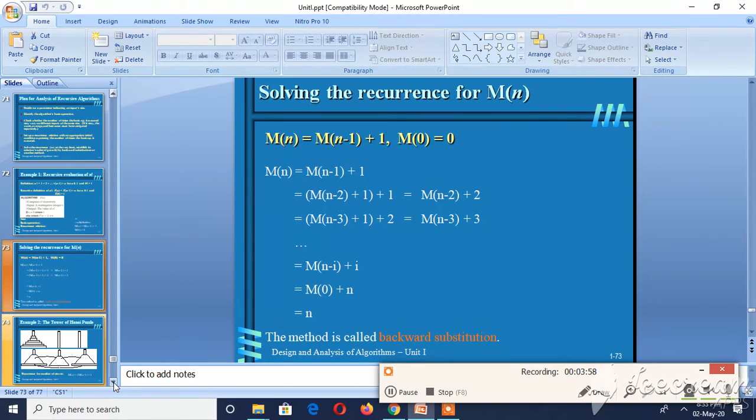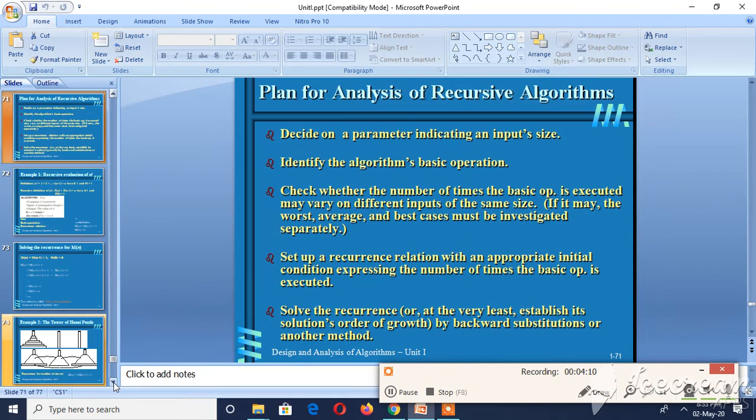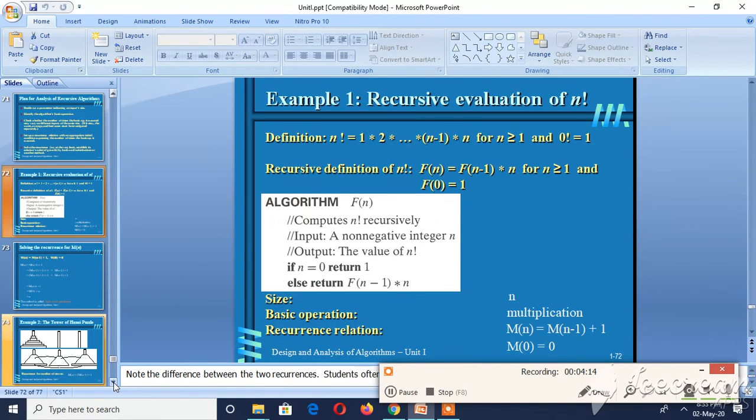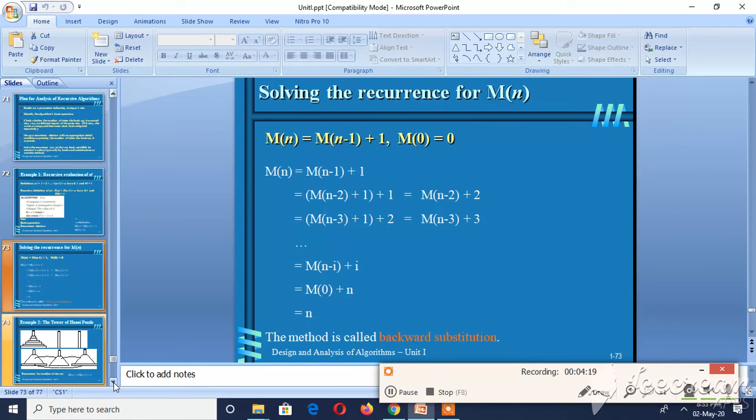Remember, in recurrences this is an important concept, and in this factorial example, backward substitution is important. So first you have to check the basic operation of the algorithm, and then you have to set up a recurrence relation. So what is the recurrence relation here? M of n equal to M of n minus 1 plus 1.